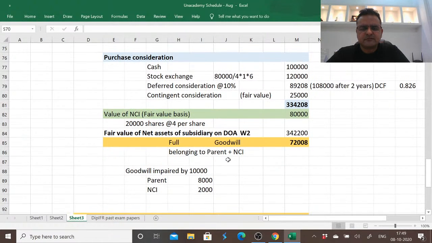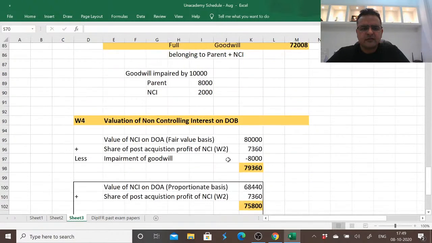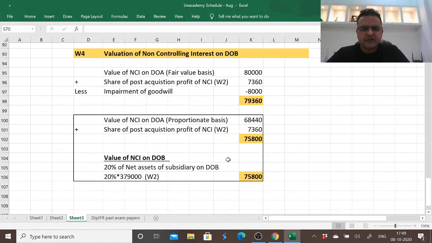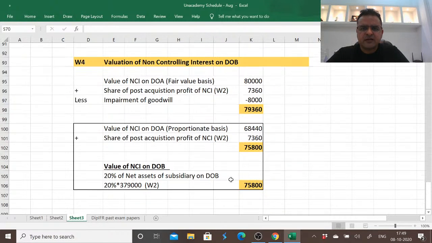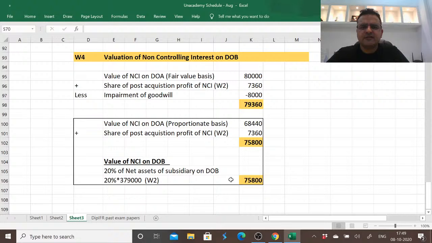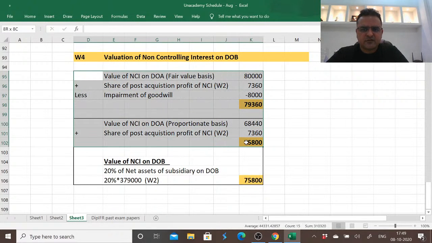Which had an impact on valuation of NCI on the date of the balance sheet as well, which was directly done: 20% of net assets of subsidiary on the date of the balance sheet, we were directly applying the percentage and getting the value of NCI. But after we introduced this choice in NCI valuation, we started presenting it in this manner. This is the new way of presentation.